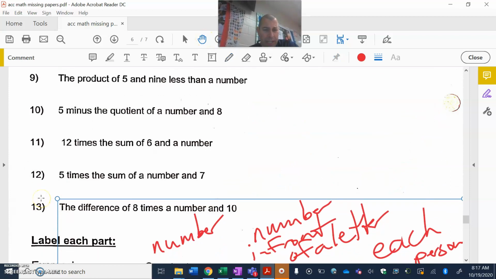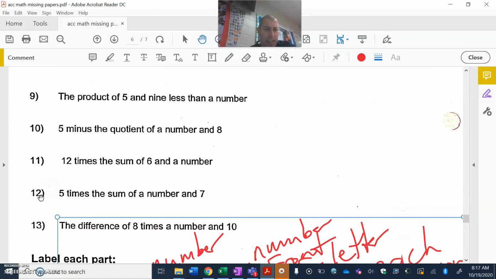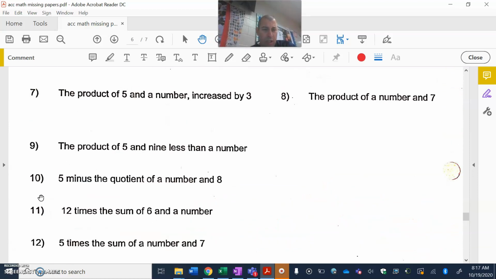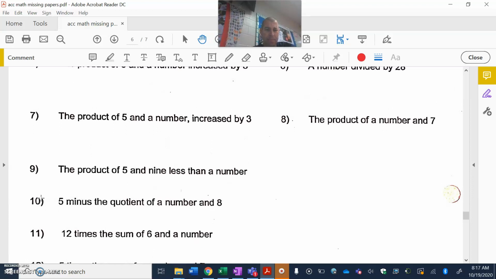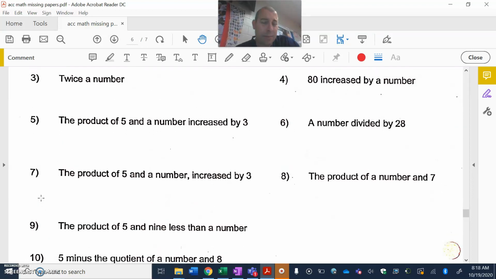The one that we do want to look at here is, I thought there was one that looked like the exact same. Yeah, all right, never mind. Oh, there it is, 5 and 7. I knew it was somewhere. All right, the product of 5 and a number increased by 3.